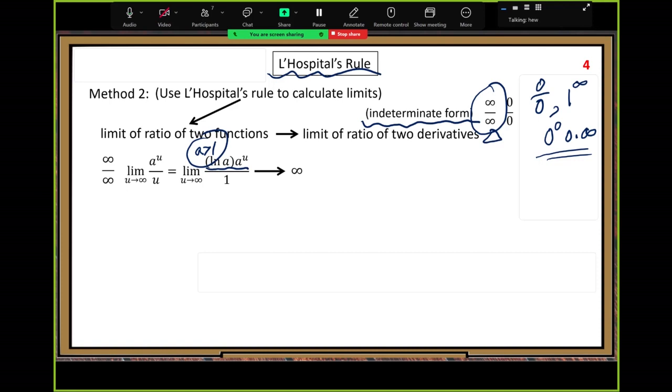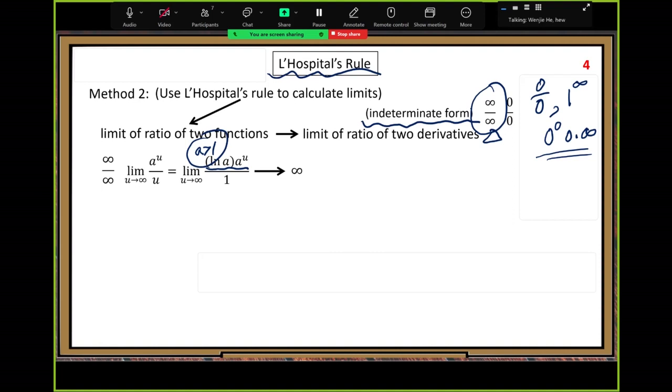The denominator is 1. Since a is greater than 1, the natural log of a is a positive number. Here it's a positive constant. Then a positive constant times the exponential function a to the u, when u goes to infinity, must go to infinity.